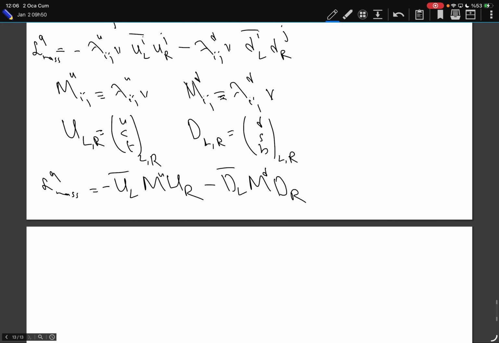Now, if M is not diagonal, I cannot identify these as mass terms. I should diagonalize them. But the problem is the lambda matrices are kind of arbitrary. I cannot diagonalize them by a unitary transformation, since M is not symmetric, nothing. But I can diagonalize them by what's called a biunitary transformation.